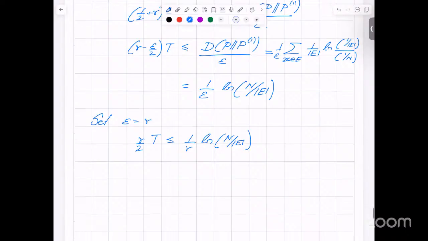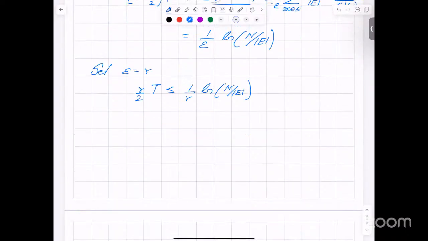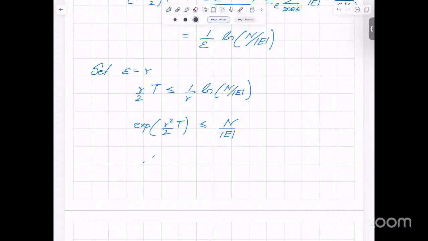Exponential, right? So what do we get? We get exp of gamma squared T by 2 is less than or equal to N by mod E. So what did we want to bound? We wanted to bound mod E by N, which is less than or equal to exp of minus gamma squared T by 2.